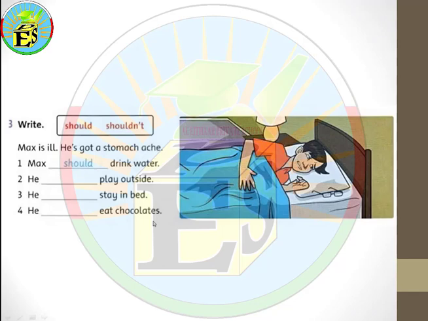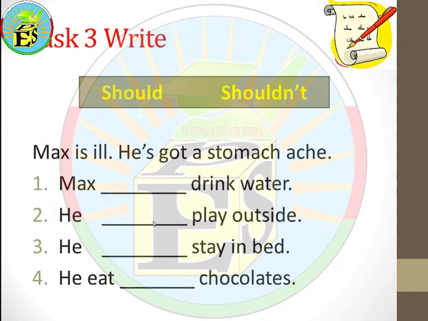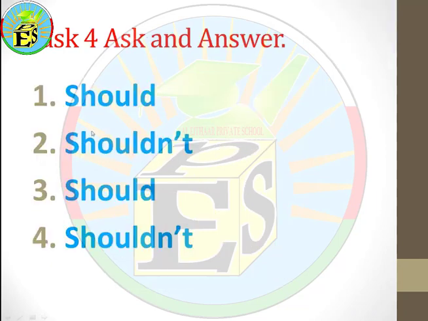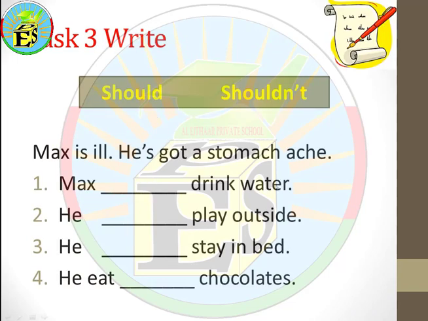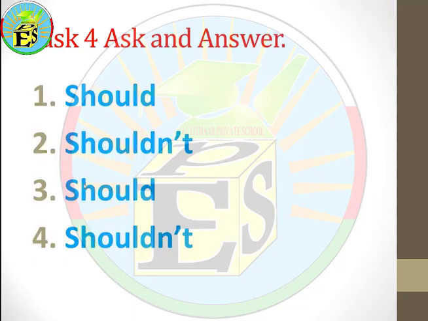Now, let's check the answers together. I wrote these sentences here because they are much bigger, but the answers are in the next slide. So the first answer is should. Right, should. Max should drink water. The second one is shouldn't.